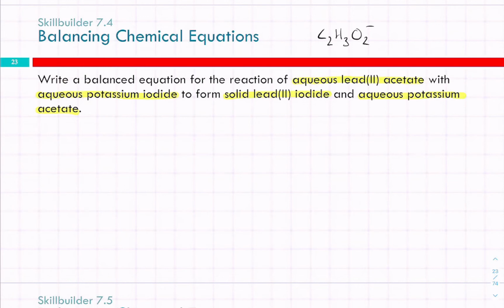So what would lead acetate be? This is going to be a Pb2 plus and a C2H3O2 minus. And this is what I was saying, got to change the coefficients to make the charges balance. So this compound, lead acetate, would be Pb(C2H3O2)2.